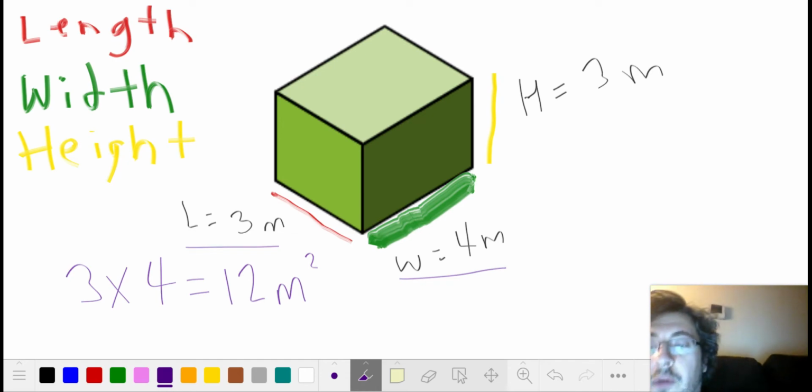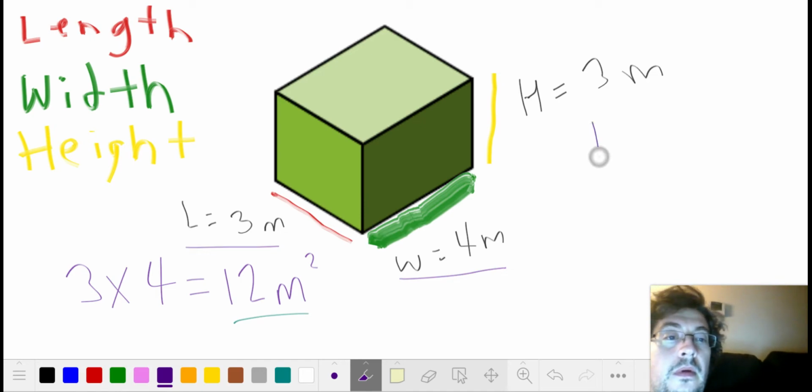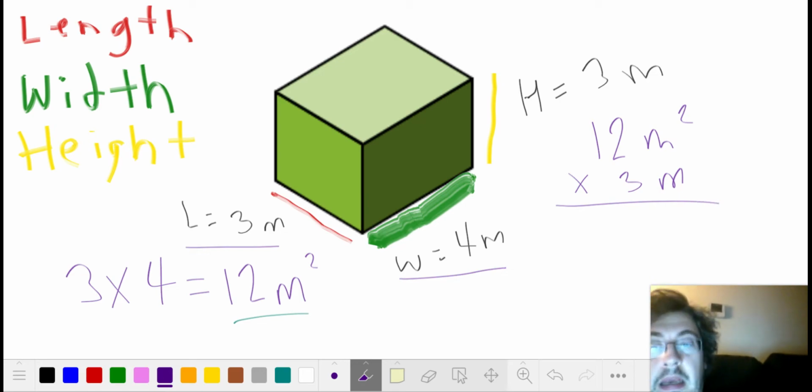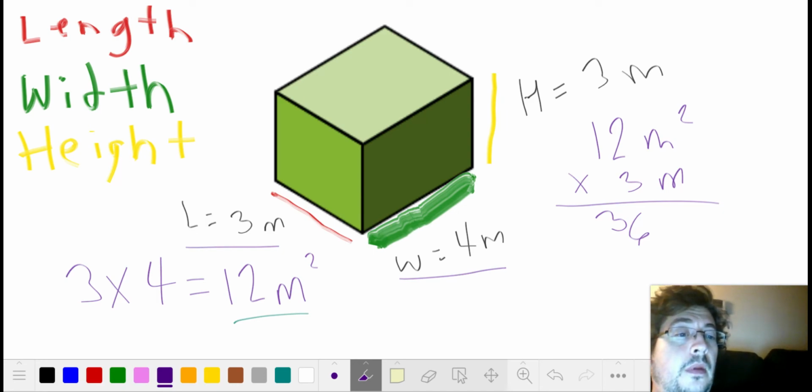Okay. So now what we have to do is multiply this answer here, 12 meters squared, by our height, 3 meters. So I'm going to multiply my 12 meters squared by my 3 meters. And let's see, 3 times 2 is 6. 3 times 1 is 3. And I get 36. But notice I have meters squared multiplied by a meter.